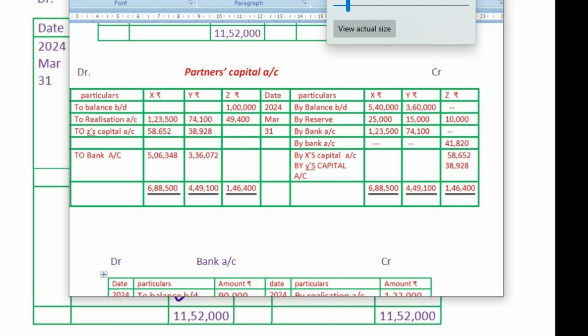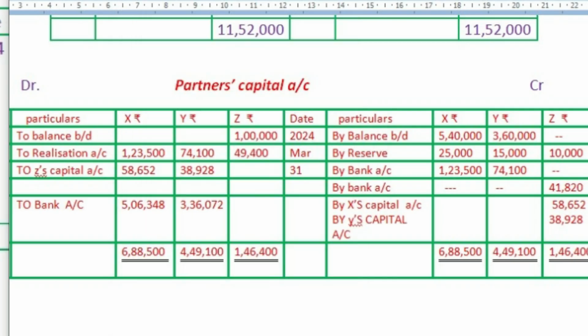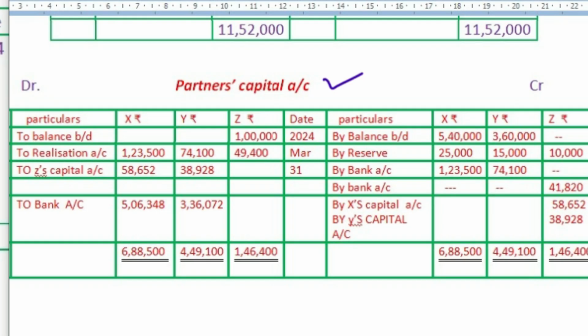Partners' capital account. So the Garner versus Murray rule is to be focused on here. Let us first transfer whatever information is given about the partners' capital accounts. First, let us transfer their balances given. Now again I will show you the question.